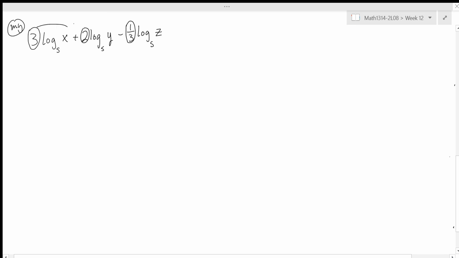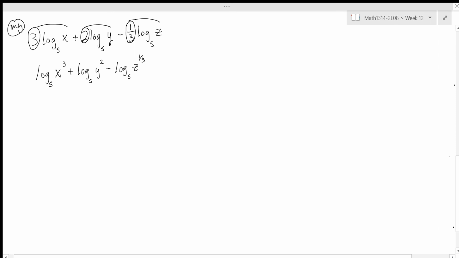They're going to become the exponents of the x, y, and z. So that's going to become log base s of x cubed plus log base s of y squared. Notice that I'm not taking the minus with the 1/3. Do you see that? I'm only taking the 1/3. The minus stays there. Minus log base s of z to the 1/3.